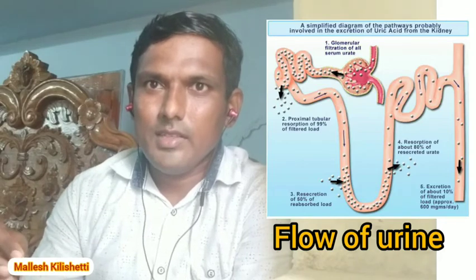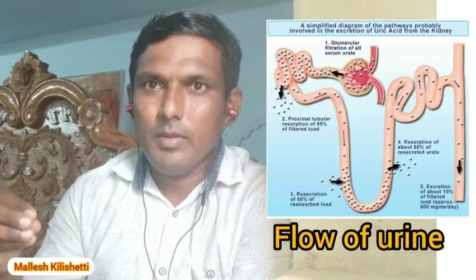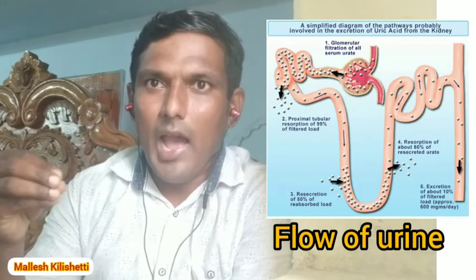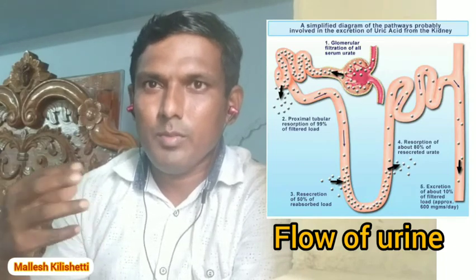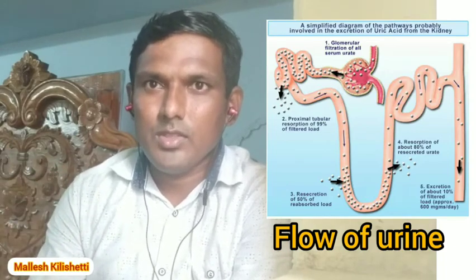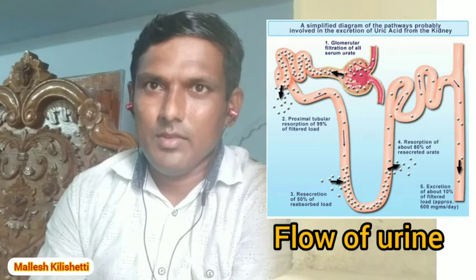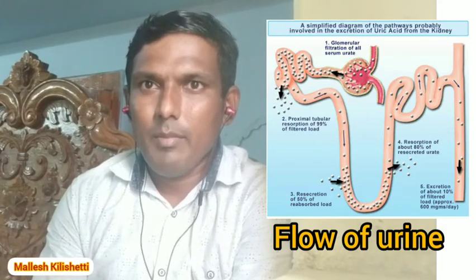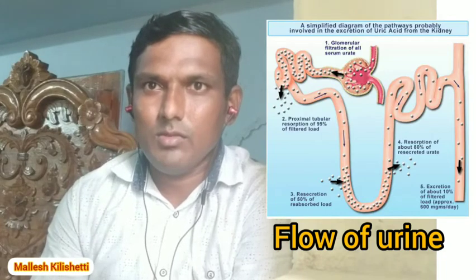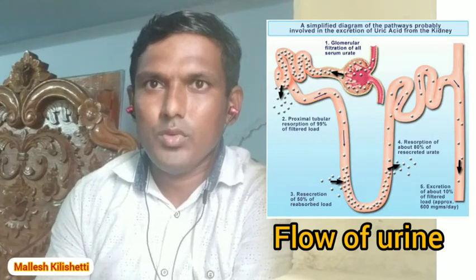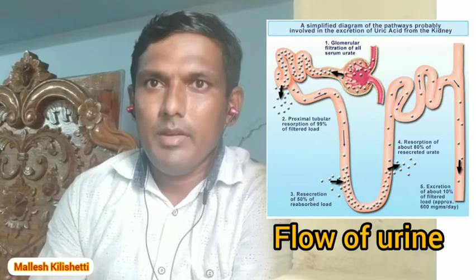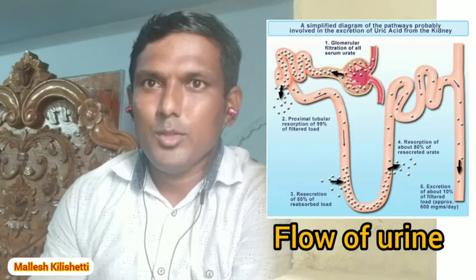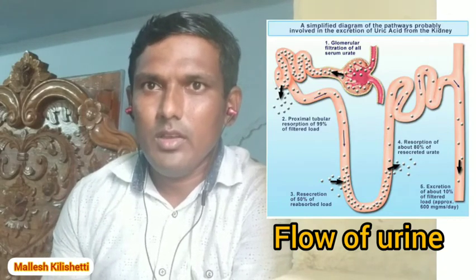The concentration of urine increases because of the vasopressin hormone being released. When the vasopressin hormone is released, urine concentration increases. If vasopressin is not released, we get diabetes insipidus: excessive urine, going to urinate again and again, and the sugar level increases in the urine.